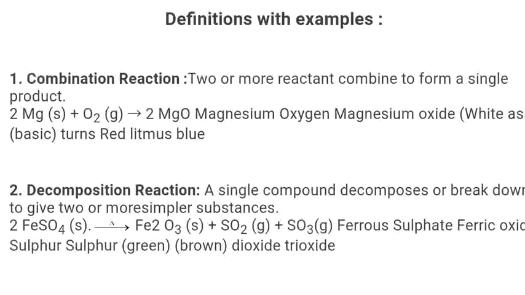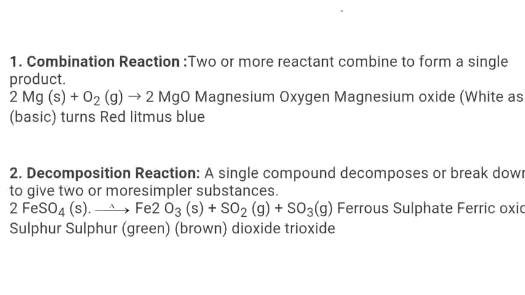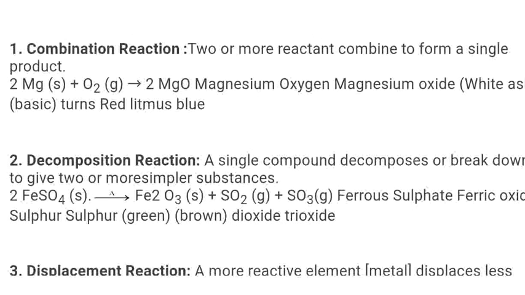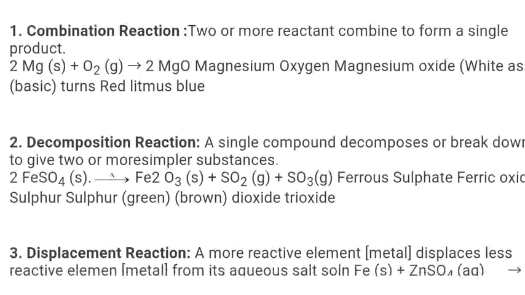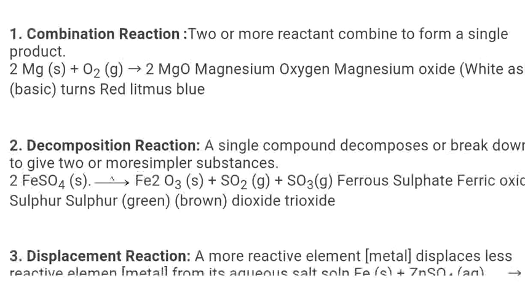And now let's discuss these with definitions and examples. What is a combination reaction? When two or more reactants combine to form a single substance, a single product, it is known as a combination reaction. As we can say, Mg reacts with O2 and forms 2MgO. Here two substances react and form magnesium oxide. Magnesium and oxygen combine to form magnesium oxide.